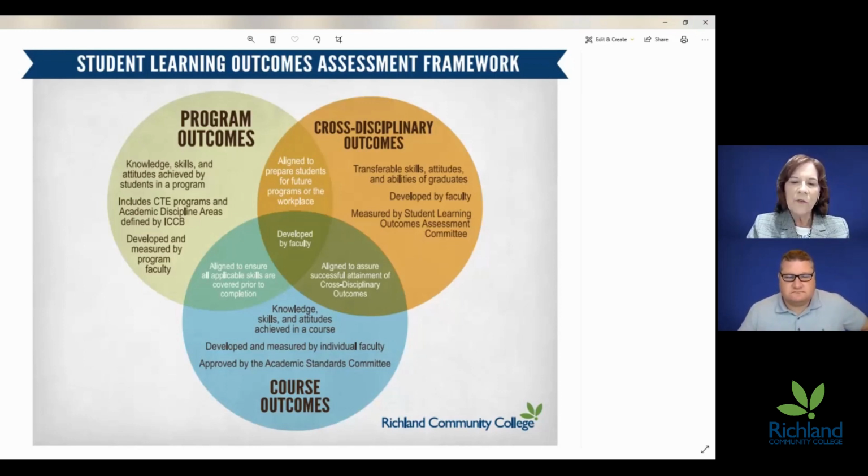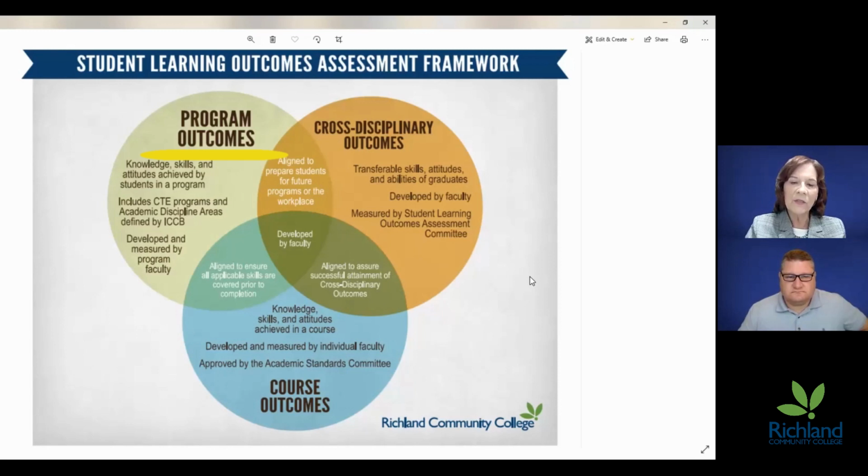As we look at this framework, the CTE programs are required to have outcomes that list the knowledge, skills, and attitudes that a student should achieve by the end of a program. Disciplines that we note here, such as mathematics, science, communications, social science, and humanities and fine arts also have outcomes.